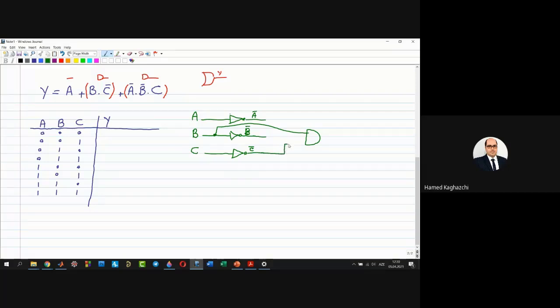And C bar. Now the output of this AND gate is B dot C bar.